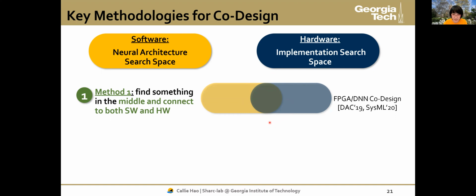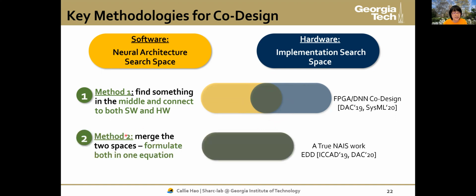So this is the first method. The second method is even smarter: can we merge the two spaces together like this? Now they're completely merged into one search space. Can we formulate both problems in one equation in this merged space? If we can do that, we can just search them naturally in an automated and simultaneous way.